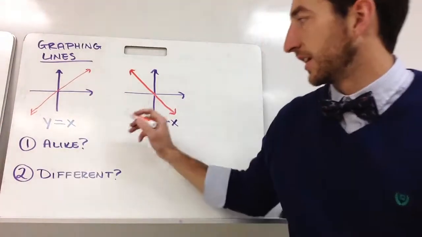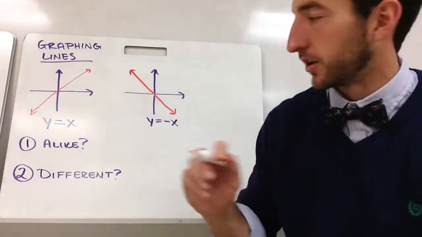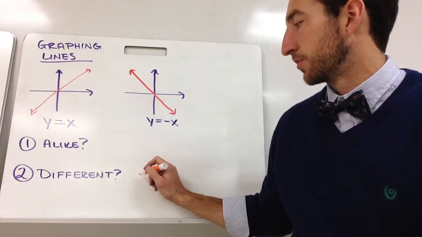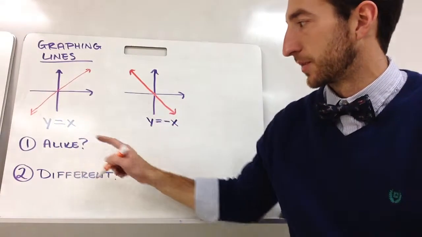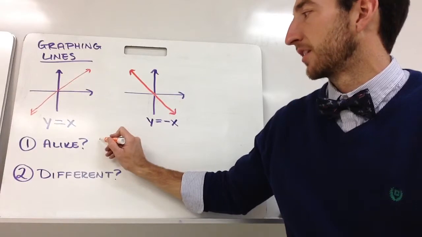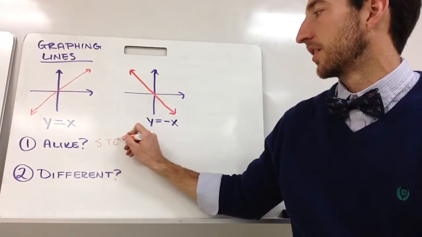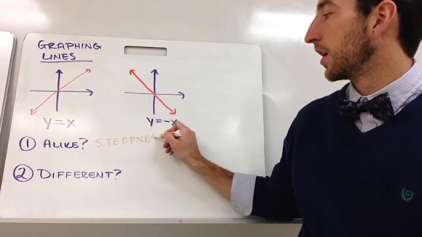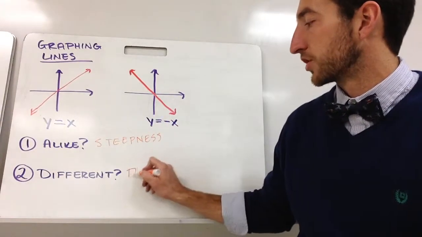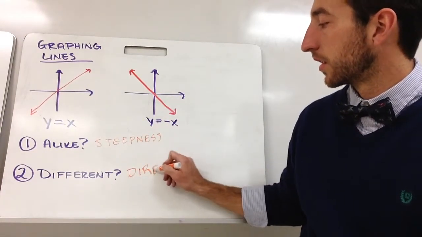What is alike is their slopes are very similar, but their slopes are opposite. So this slope is negative, this slope is positive. So you can kind of think of the steepness is alike, but the direction is different.